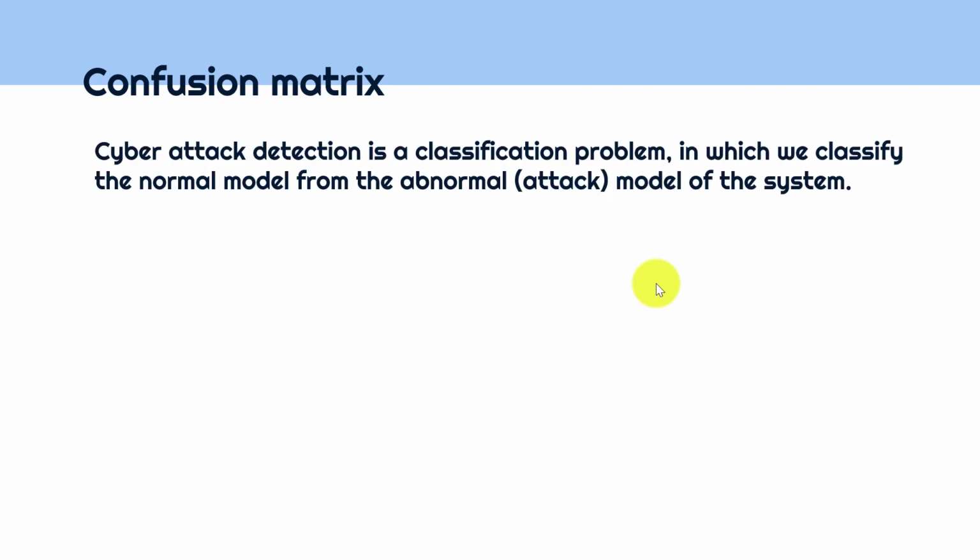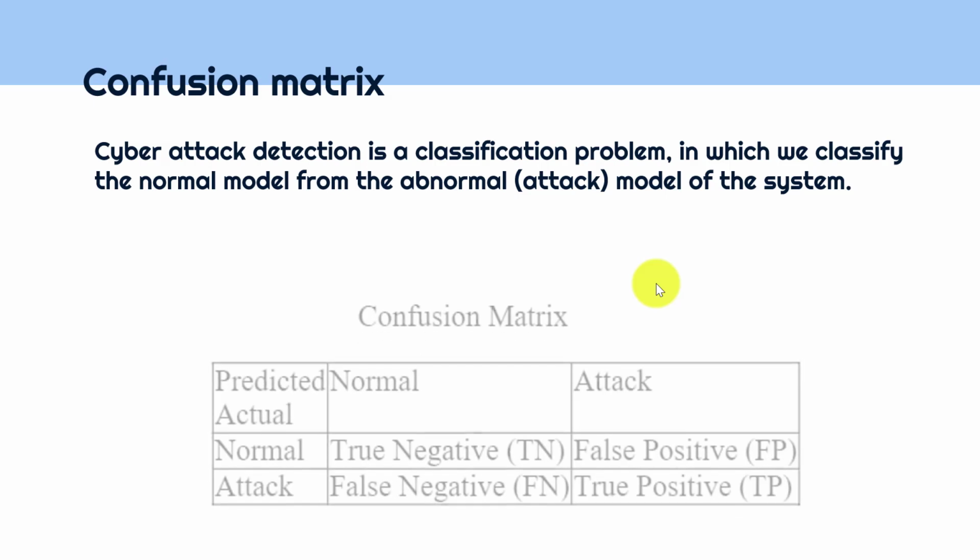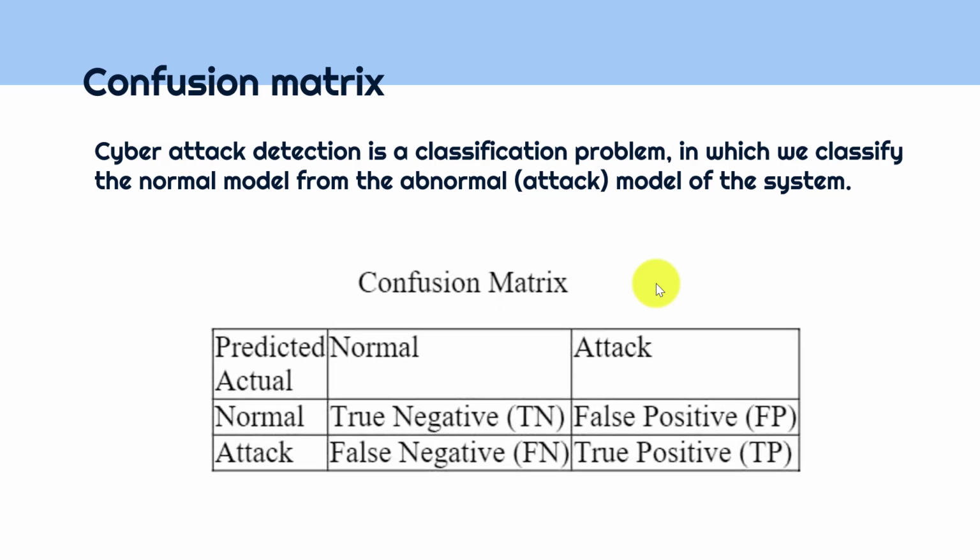Cyber attack detection is a classification problem in which we classify the normal model from the attack model of the system. As you see in the picture, the confusion matrix gets four values. In this part, true negative: the amount of normal detected when it is actually normal.